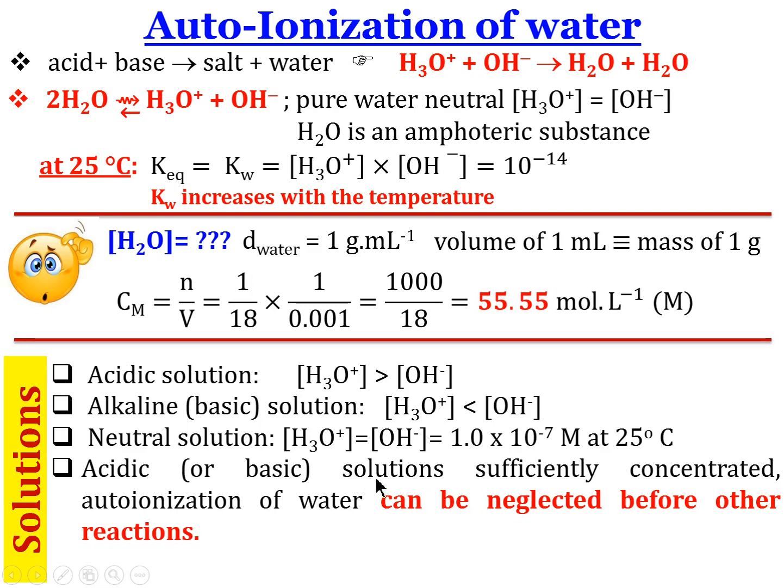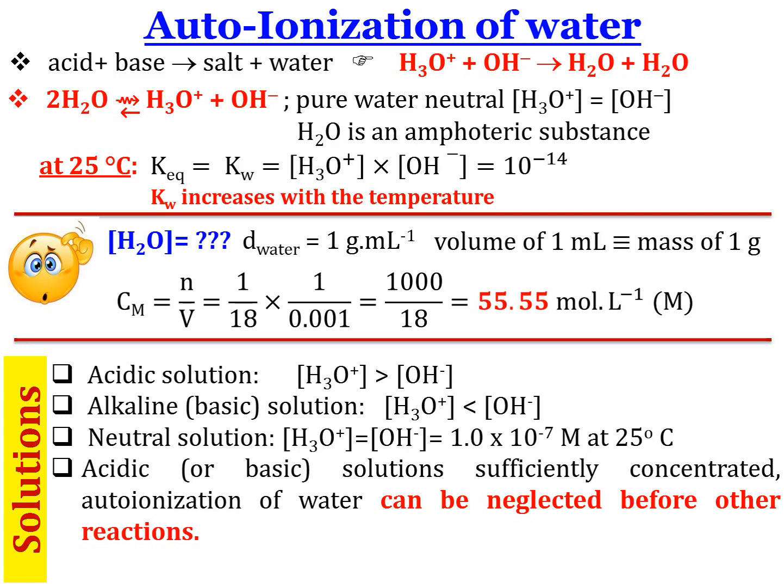In an acidic or basic solution that is sufficiently concentrated, we can neglect the auto-ionization of water. Consider, for example, HCl 0.1 molar. The H3O plus concentration provided by this HCl is equal to 0.1 molar. H3O plus provided by the auto-ionization of water at 25 degrees is equal to 10 minus 7 molar.